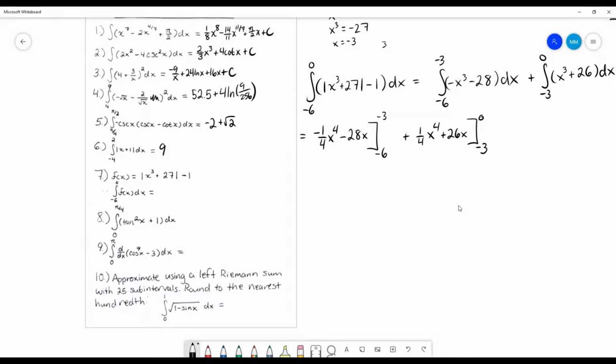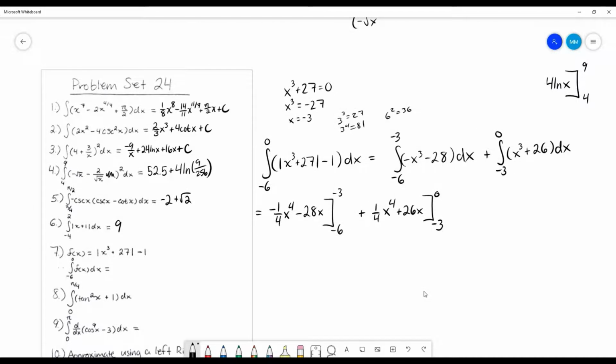Let's see, I know 3 to the 3rd is 27, 3 to the 4th is 81. I know 6 squared is 36. Oh, I don't actually know beyond that off the top of my head, so give me one moment. So 36 times 36 should be 6 to the 4th.